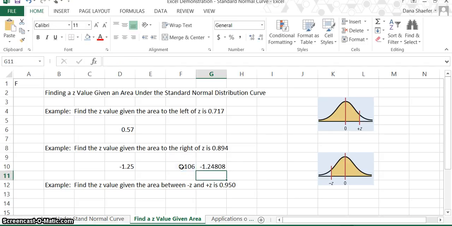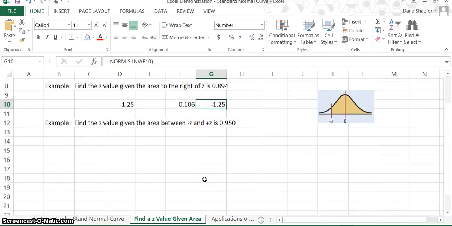So we could have done that calculation first, and then let's make sure that the rounding is right. When we're doing z-scores, we want to go to 2 decimal places. So negative 1.25. I get exactly the same answer. In the first case, I was just letting Excel do all the work. In the second case, I did the calculation first to find out what that blue area was, and then I did the inverse distribution.